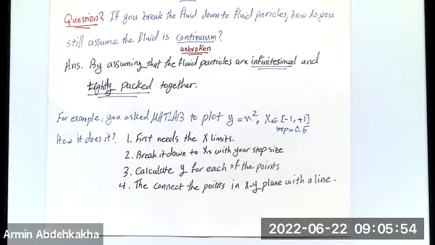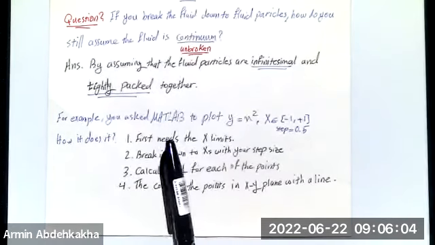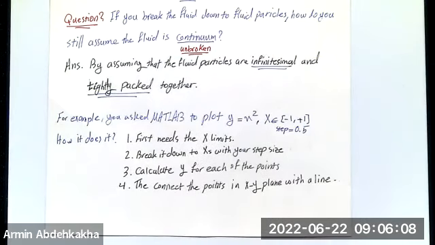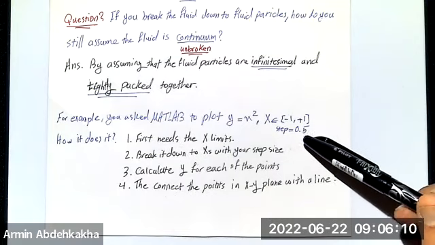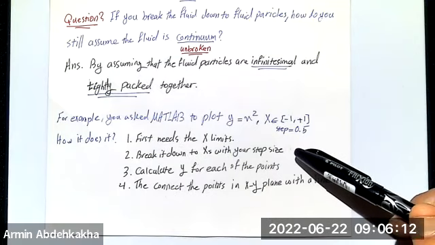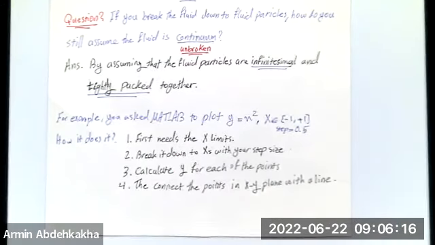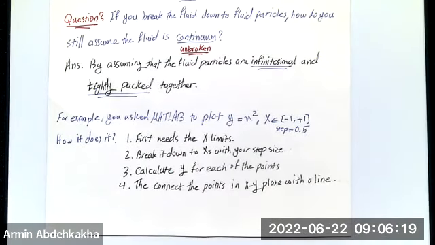I'll give you an example here that is a simple plot in MATLAB. Assume that you ask MATLAB to plot a function like y equals x squared, and you give a limit and the step size. How does MATLAB plot that for you?